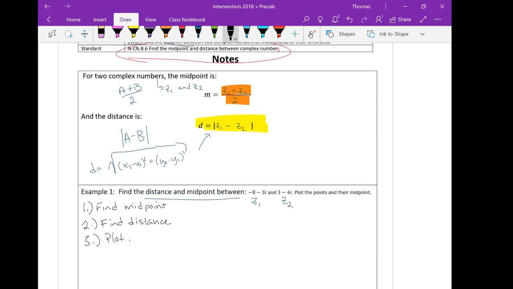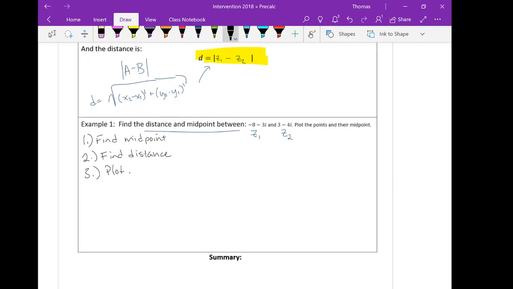So our formula: midpoint equals z1 plus z2 all over 2. I'm going to use some colors so we can see these a little better. Z1 is going to be red, Z2 is going to be blue, all over 2. So we'll plug them in.